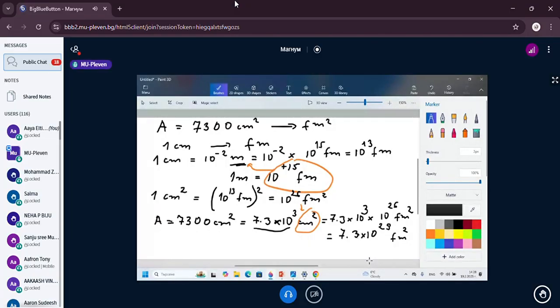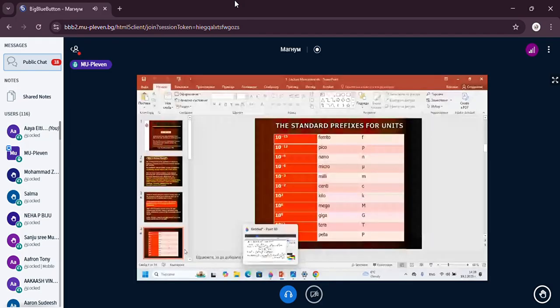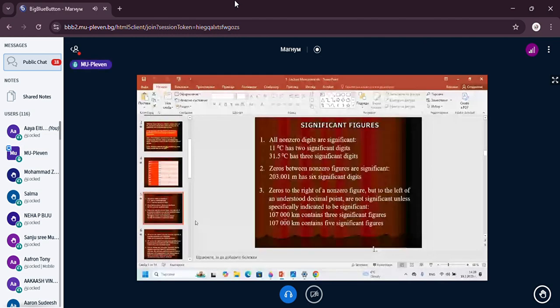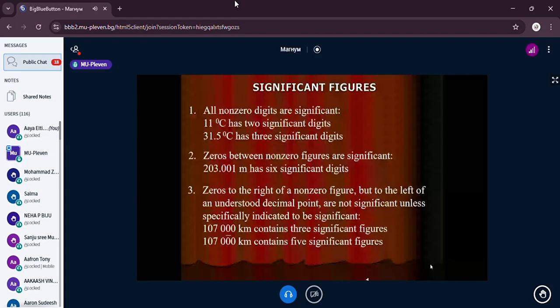I would like now to focus our attention on the scientific notation. This is very important in science. So let me switch on the presentation and see scientific notation, significant digit, figures. So in science, we deal with measured quantities, not pure numbers.